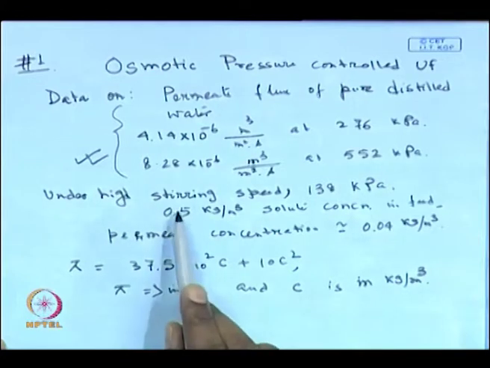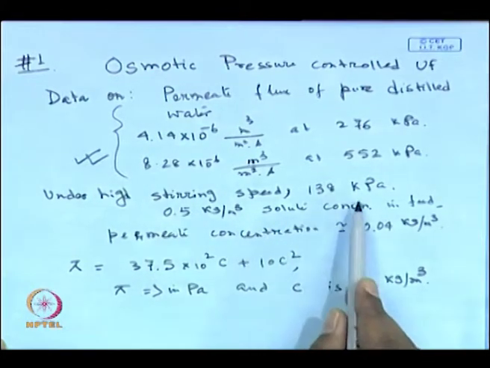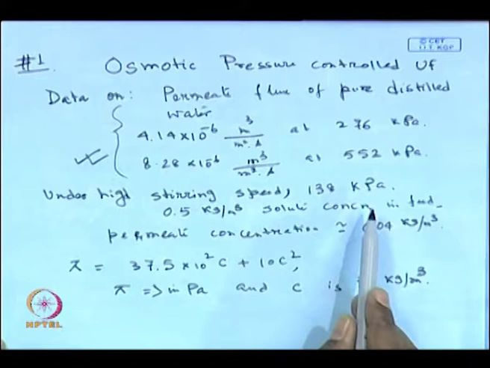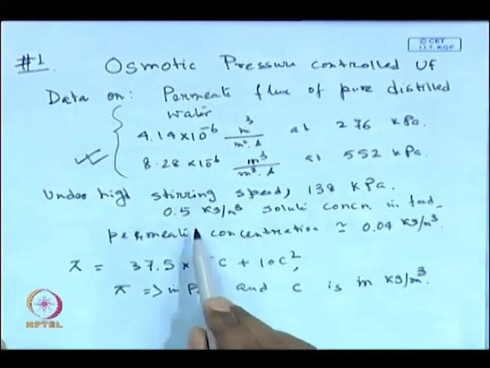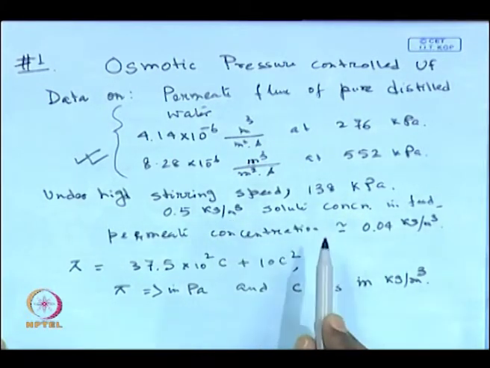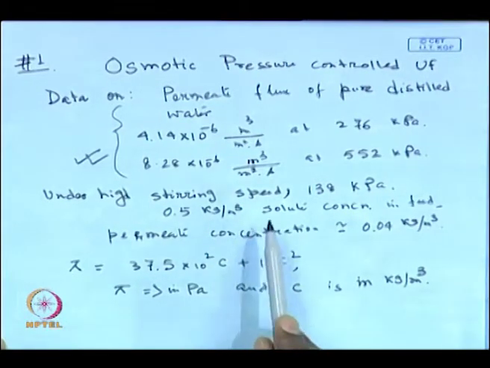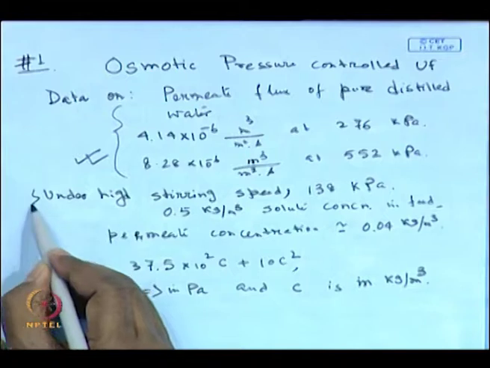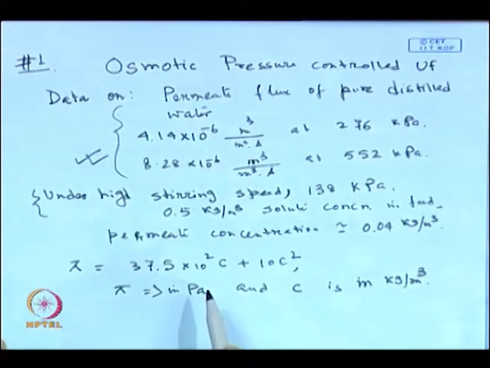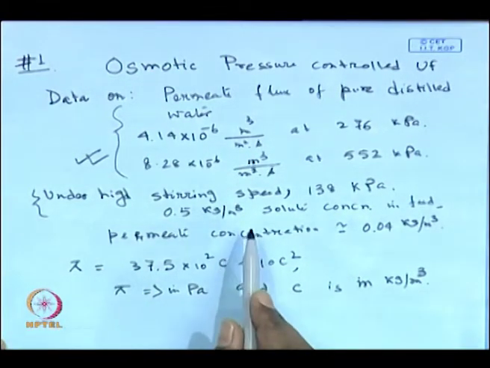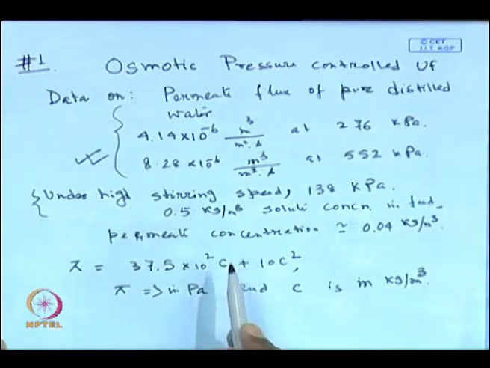Now, under high stirring speed, 138 kilopascal pressure and 0.5 kg per meter cube solute concentration in the feed, that means a very low pressure and a very dilute solution. These conditions favor low concentration polarization.